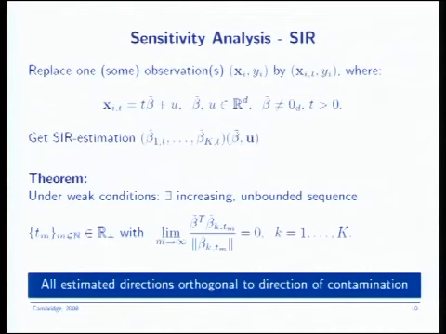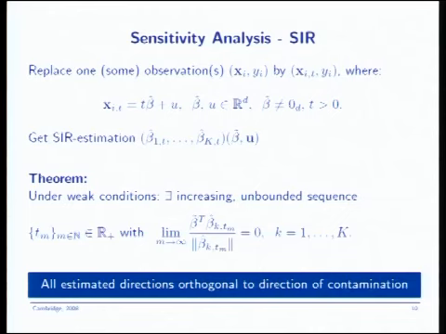And as I said, there are also robust versions around, and I should explain why this seems to me to be necessary. Well, as dimension reduction is a pre-step in data analysis, of course you shouldn't be suffering too much from outliers or contamination. So this is a short sensitivity analysis of SIR.